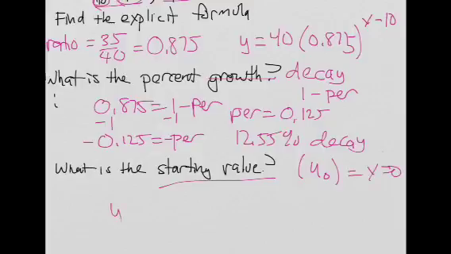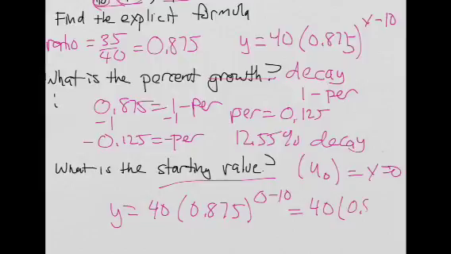So I plug that in. Y equals 40 times 0.875 raised to the 0 minus 10 is 40 times 0.875 raised to the negative 10.